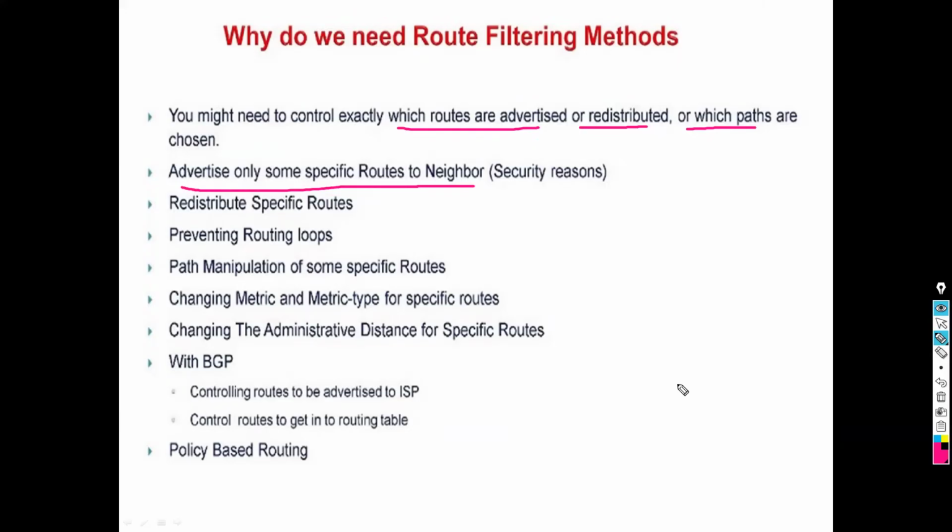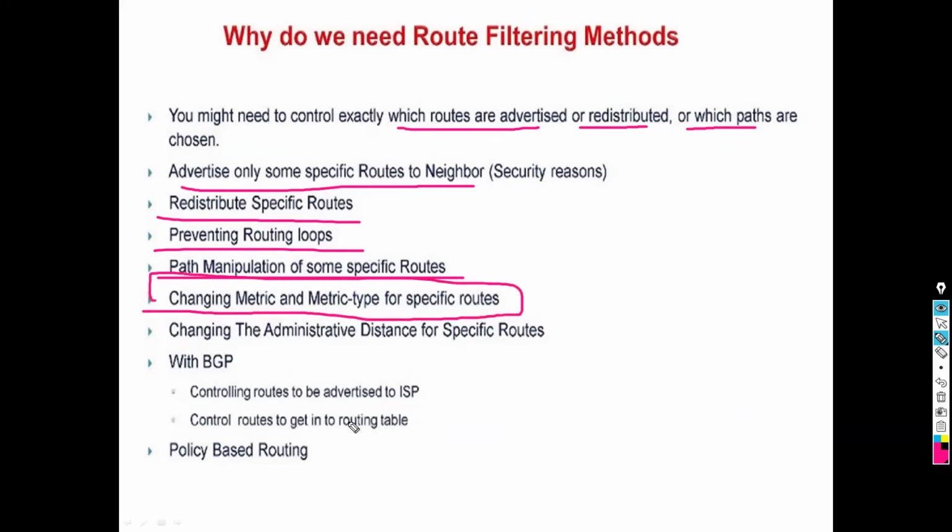You want to advertise only specific route information. You can redistribute only specific routes. Prevent routing loops, path manipulation. I want to change the metric or metric type for a specific route. I want to change the administrative distance for a specific route. And yes, in BGP, we need route filtering methods.